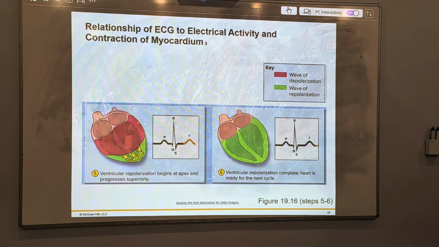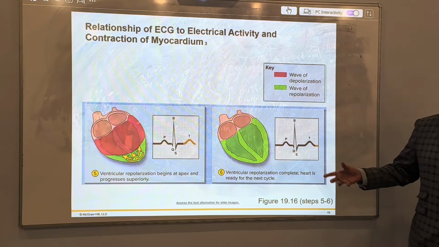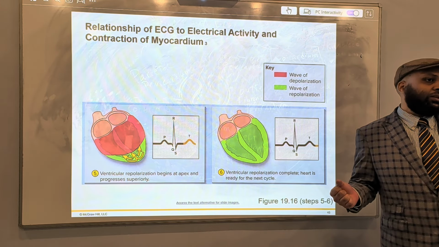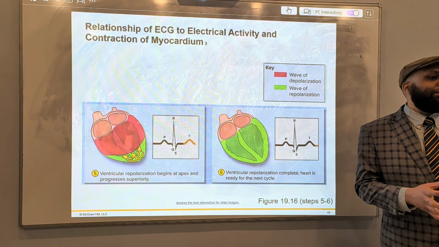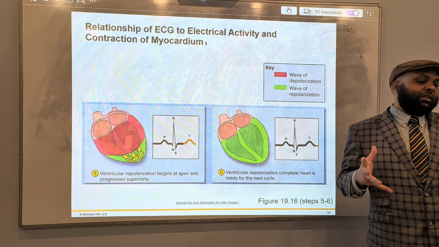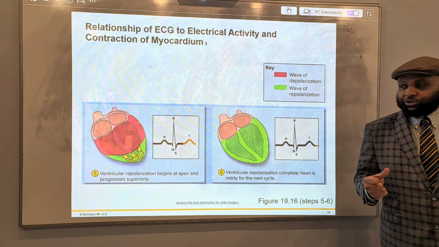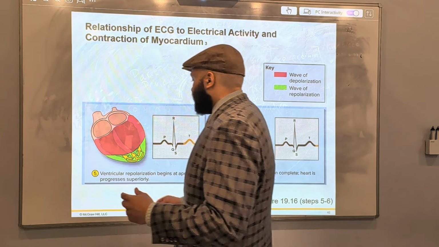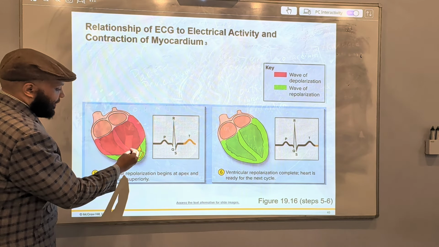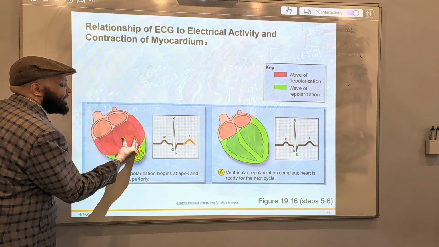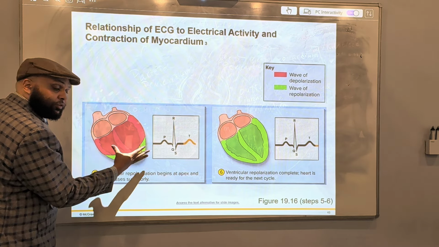Depolarization is like the contraction? Yes, depolarization always means contraction, and repolarization means relaxation.